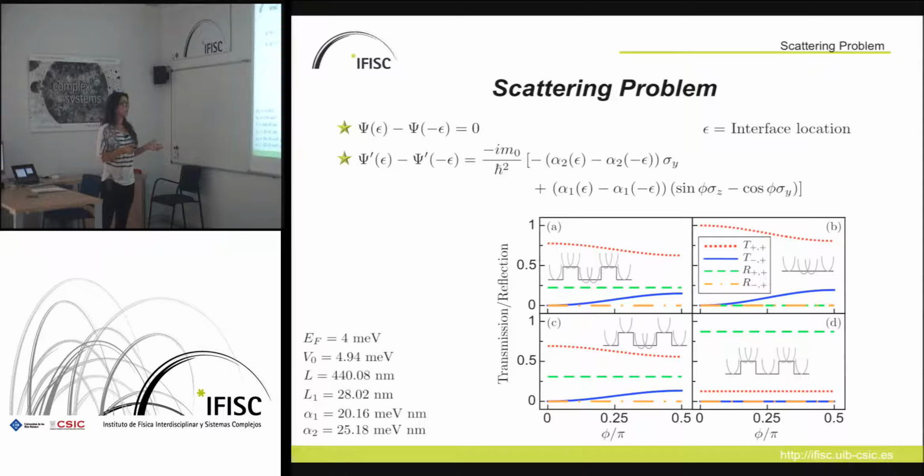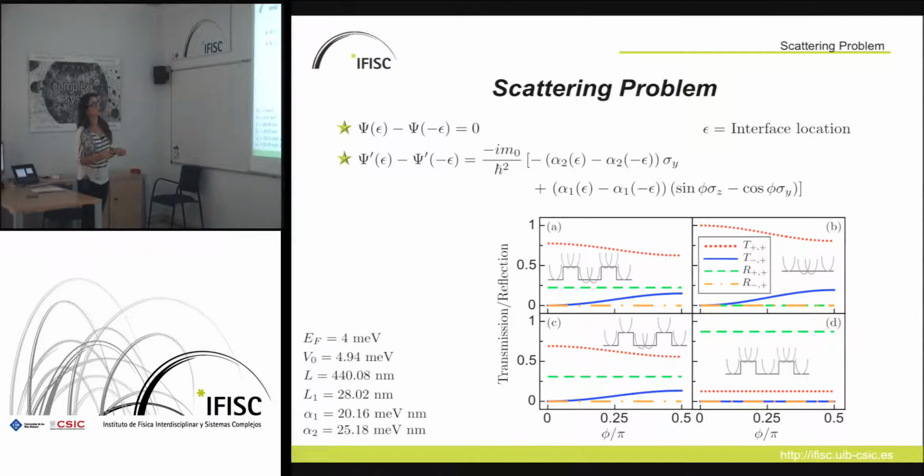Then we can study the reflection and transmission probabilities, in this case when we tune the angle phi. We remember that phi equal to 0 means that the Rashba field polarizes the electrons parallel along the system, and for phi equal to 1/2, the electrons are polarized perpendicular. In the first one, with all the parameters different from 0, we observe that the electrons are always reflected with the same spin that they are incident.